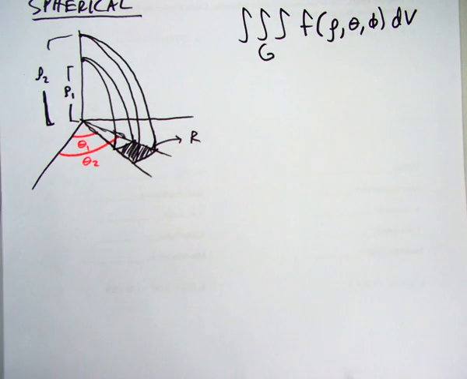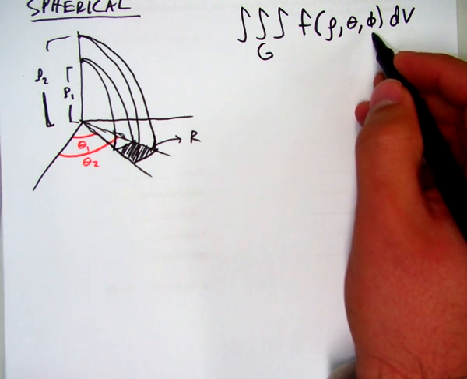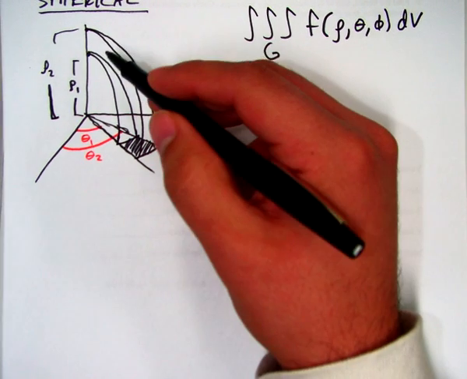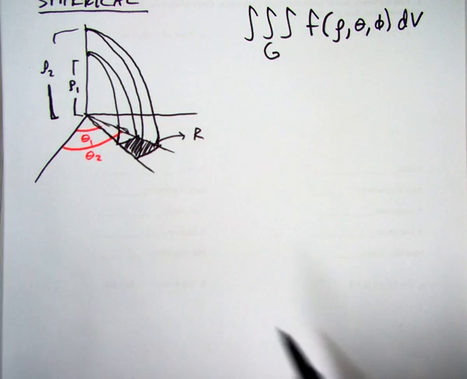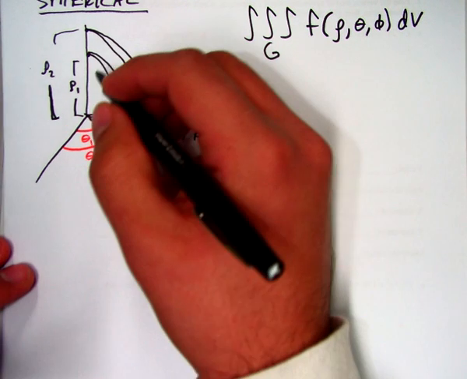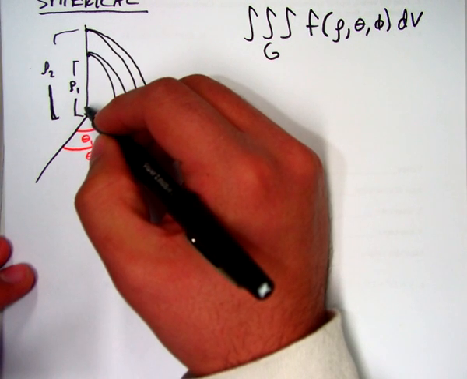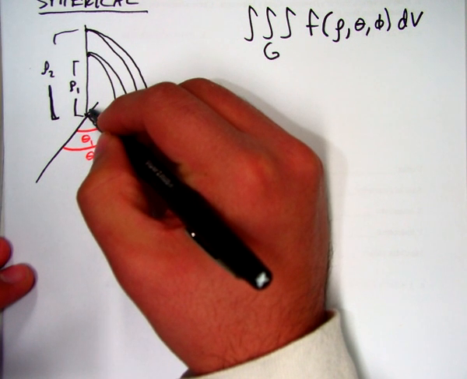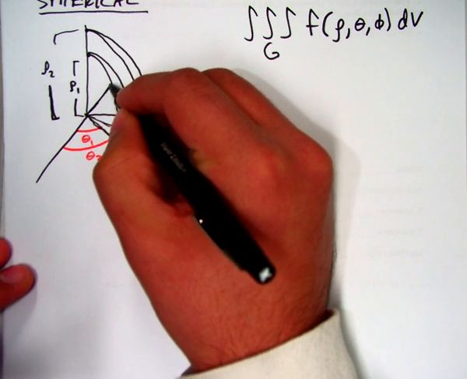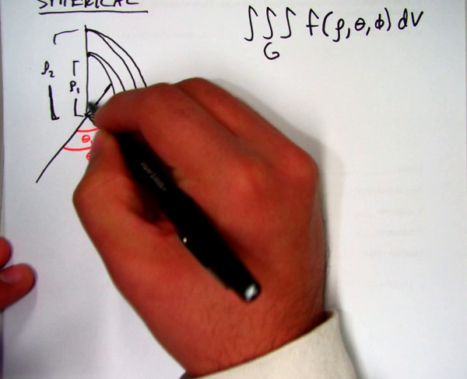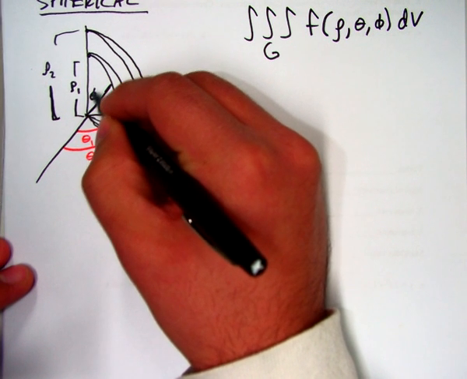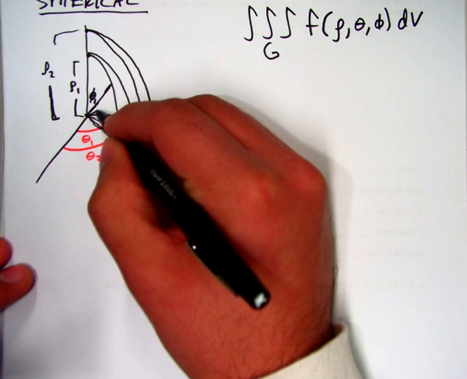And now if you recall, phi is the angle with respect to the positive z-axis, right? So if I go ahead and draw two of those, let's say this is phi 1, and then let's just say this is phi 2 here.